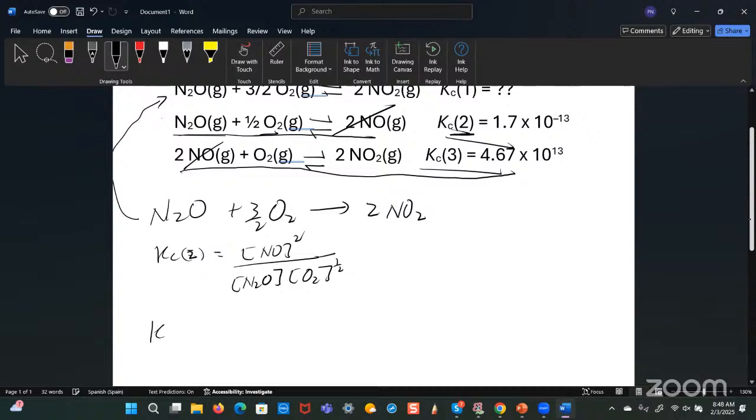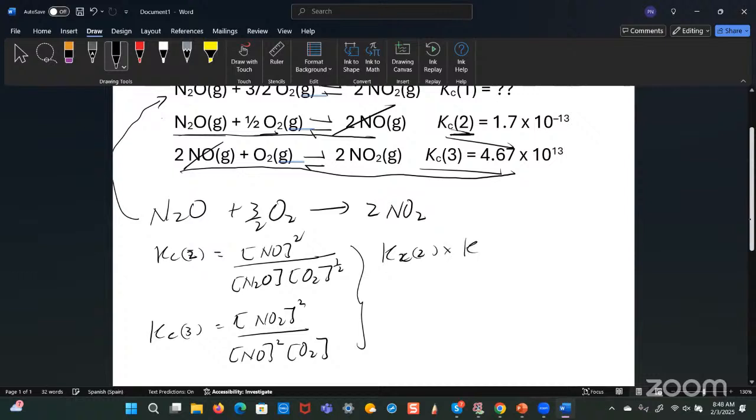Now Kc3, what's the expression for Kc3? It equals the concentration of NO2 squared divided by concentration of NO squared times concentration of O2. Very good. So let's see what happens when we multiply Kc2 by Kc3.